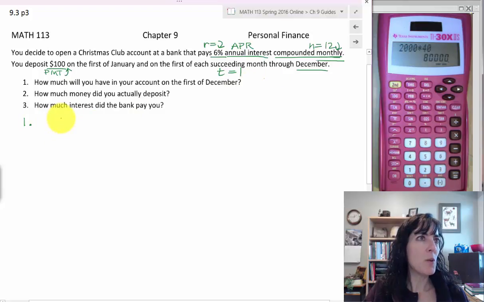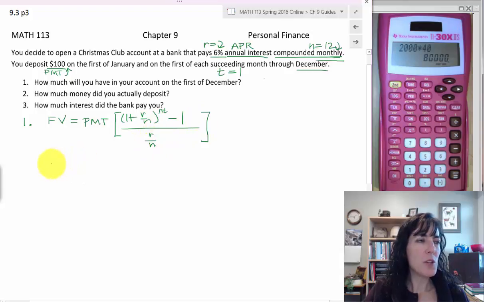So number 1, we're going to write down that formula first, and it's FV equals PMT times 1 plus R over N to the NT power minus 1 over R over N. And then I'll start filling things in.